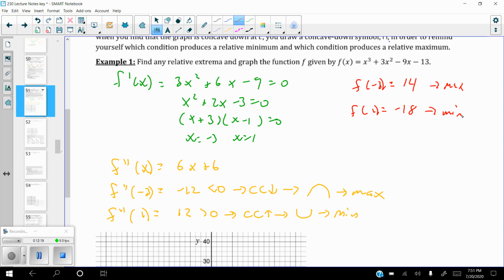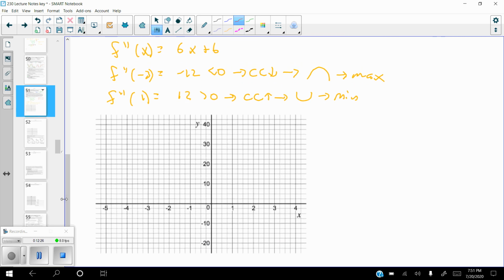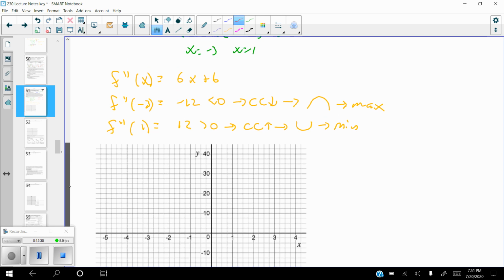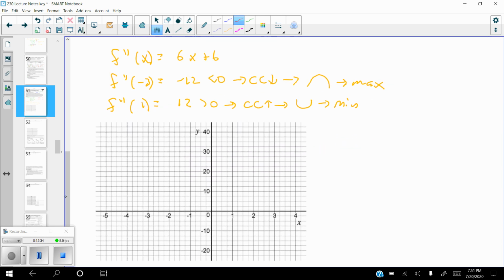Let's go ahead and see if we can sketch this thing. Okay, and our scale was actually done very well for us here on this graph. So I've got a maximum at -3, 14. So -3 comma 14 is going to be, let's see, 10, 12, 14, 16, right about here or so.